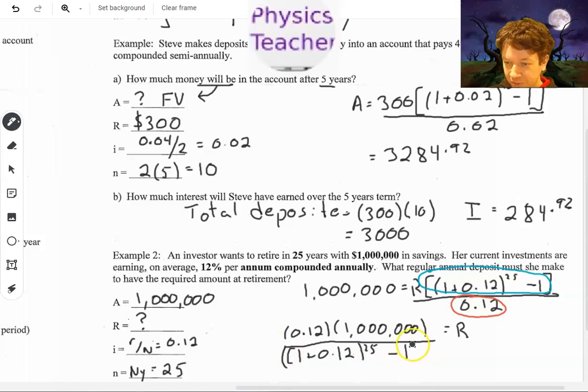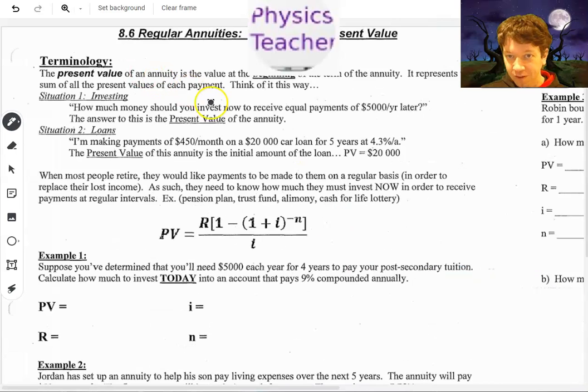We can do that. So when we punch that all into our calculator, we get r to be $7,500, which is a lot better than our previous situation of a one-time donation of $93,000. This time, $7,500 every year.